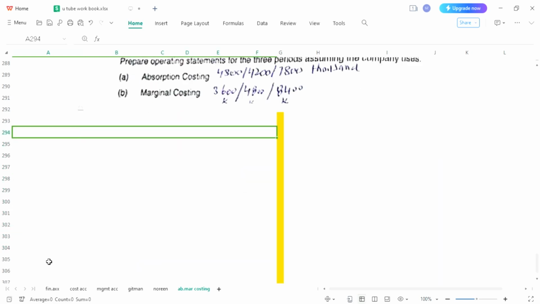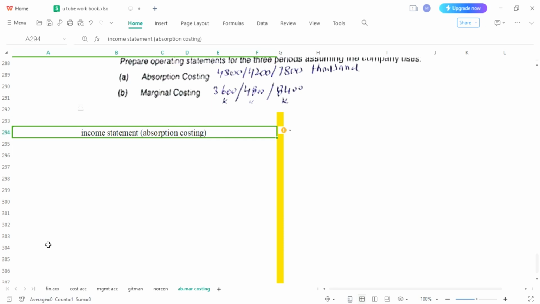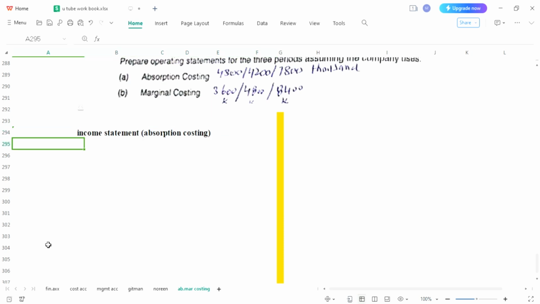Now here the income statement according to absorption costing will be made. How will we start? The first element would be sales. For that we need to have our units, and then the per unit amount would be mentioned over here in the inner column, and the final amount would be mentioned over here.